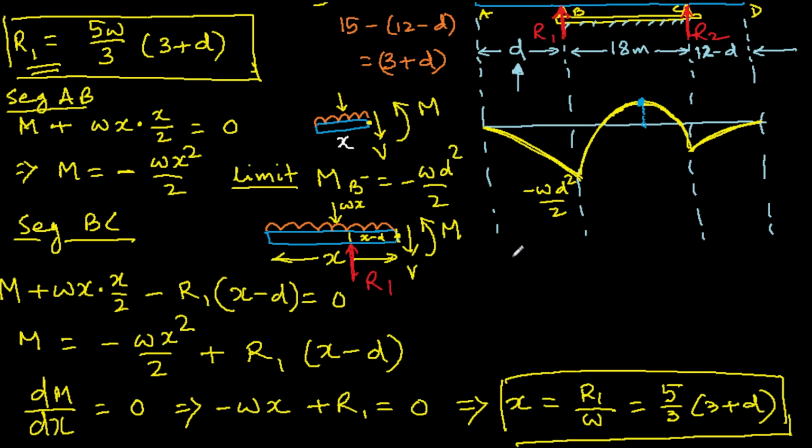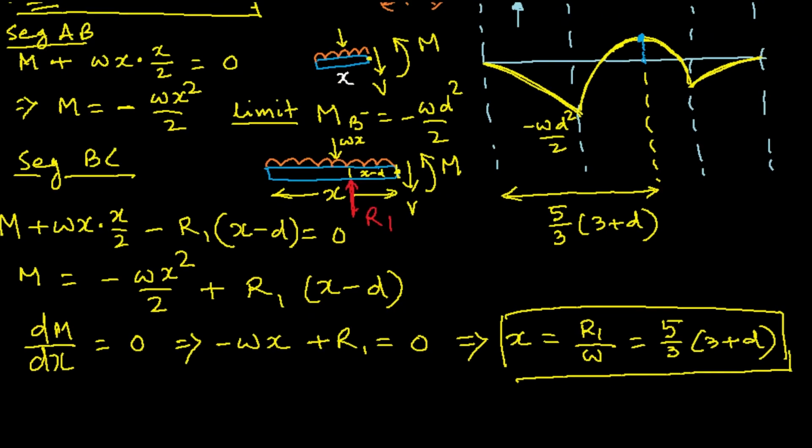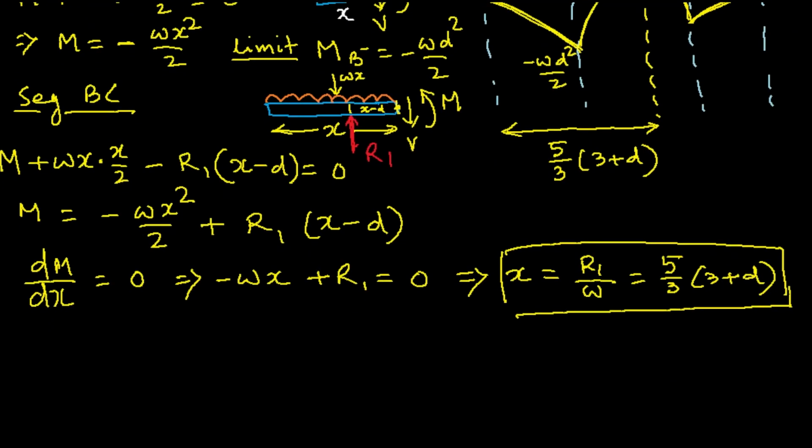So from here, this point is 5 over 3, 3 plus t. Fine. So that's the distance at which maximum will occur, and the maximum value of the moment can be calculated if we just substitute this x here.